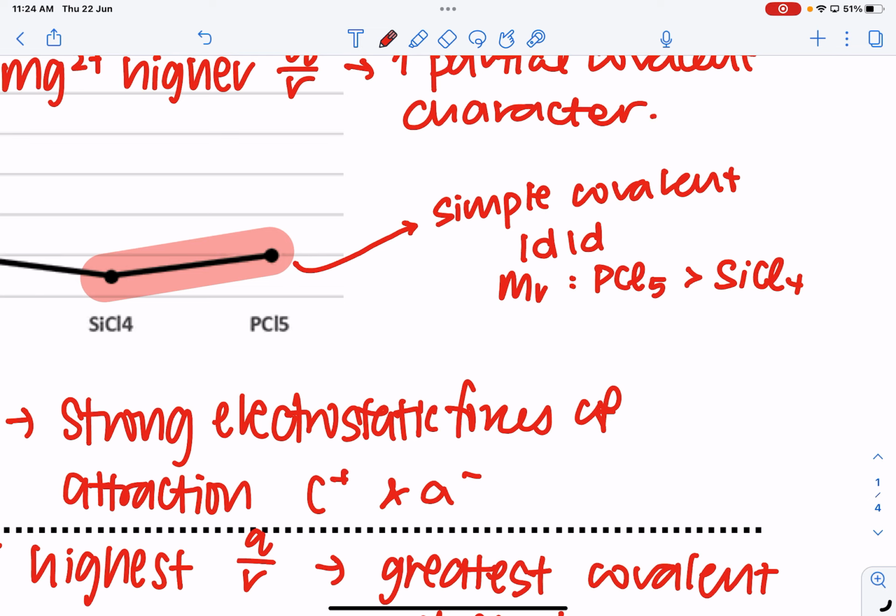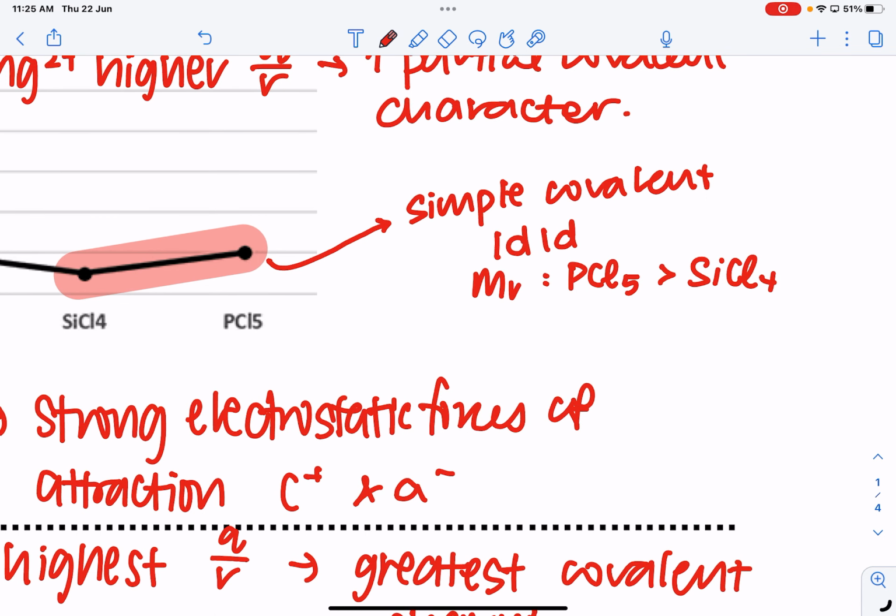Because you have one extra chlorine, and your phosphorus is bigger than your silicon. So due to this, same thing, you explain step by step: Mr bigger, electron cloud bigger, therefore ID stronger. In this case, I will skip writing the electron cloud and just write ID. So ID of PCl5 is greater than SiCl4. Therefore, your melting point is as such, so it's an increase.